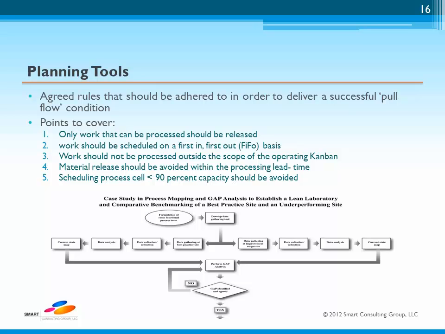Material release should be avoided within the processing lead time. Otherwise, this might cause a buildup of work in progress and develop into a bottleneck or a backlog. 5. Scheduling the process cell at greater than 90% efficiency should be avoided at all costs. Otherwise, there will be insufficient flexibility to maintain a balanced flow when problems occur.